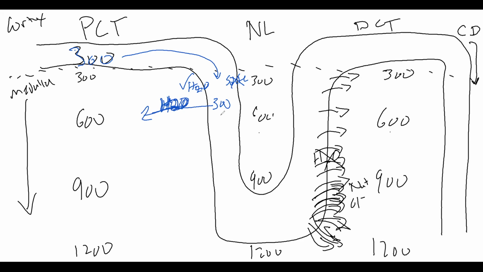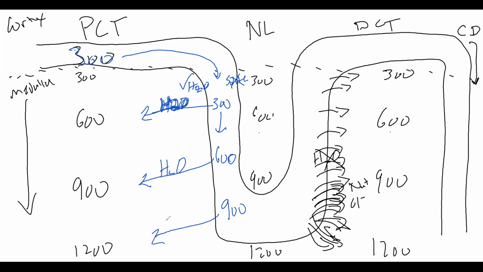So now, say it goes to 600, but now we have 600 being compared to 900. So more water is going to move out. So the volume is going down, but the saltiness is going up. So now it's 900 because the osmolarity in the tubular fluid increased.